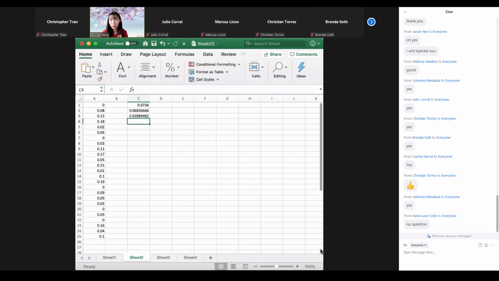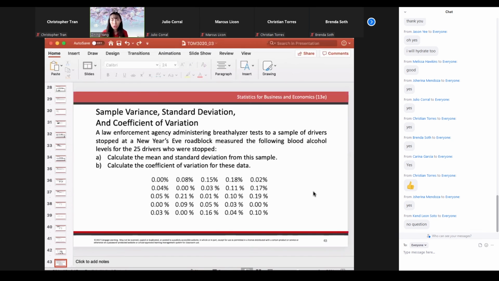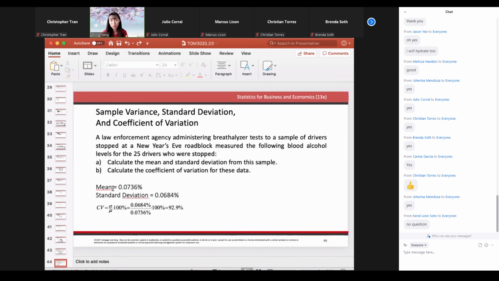So if you perform that, you should be getting this result. On slide 44, I show you the correct answer for the mean, the standard deviation, and the coefficient of variation. So that's what I want you to practice and make sure you can get before you do your homework. Like I said, if you make a mistake in the homework, you are losing points. But before that, make sure you understand and you can do it.